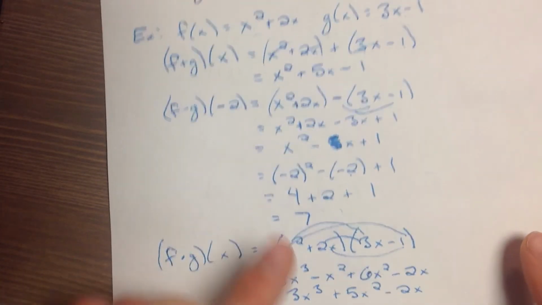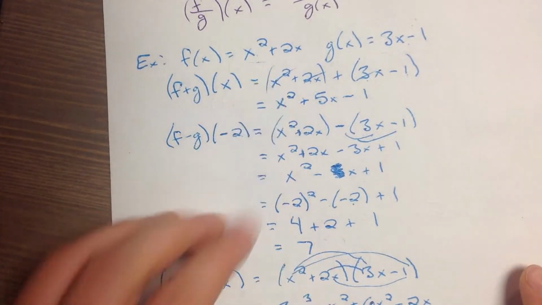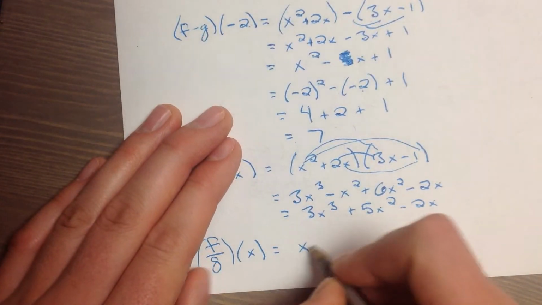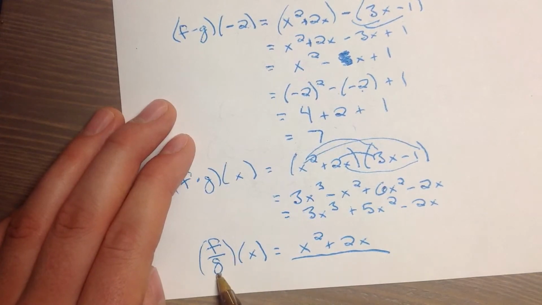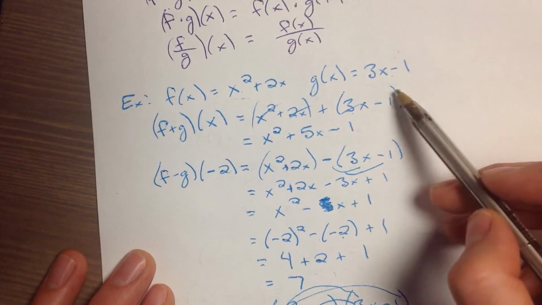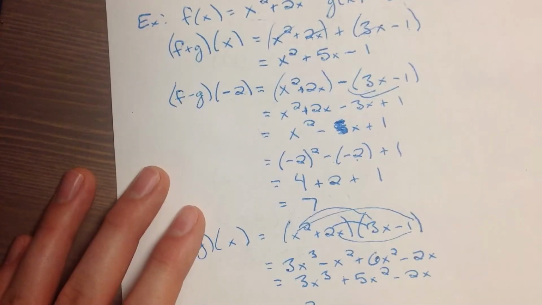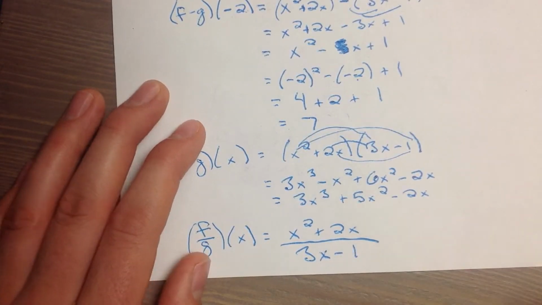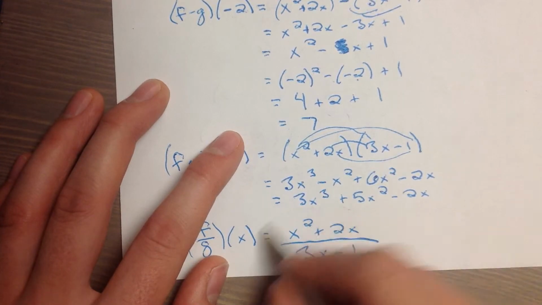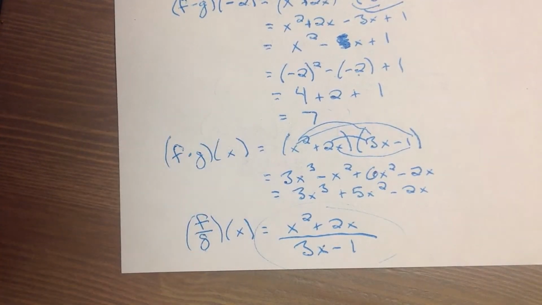So lastly, to do the two equations divided, we would say f, x squared plus 2x, divided by g. Well, g is 3x minus 1. So 3x minus 1. This would be our function for this.